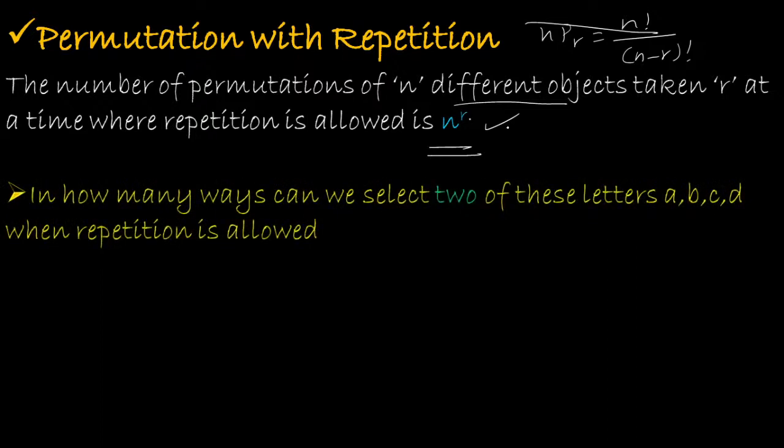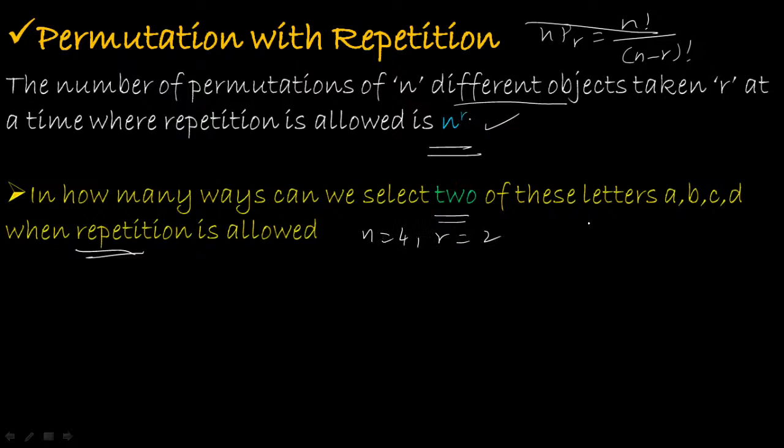Now, let me move on directly to a problem. In how many ways can we select two of these letters A, B, C, D when repetition is allowed? Repetition is allowed means order matters and repetition is allowed. Is it correct? You have to select two of the letters among 4, so here n is equal to 4 and r is equal to 2.